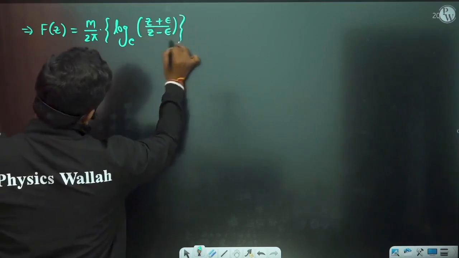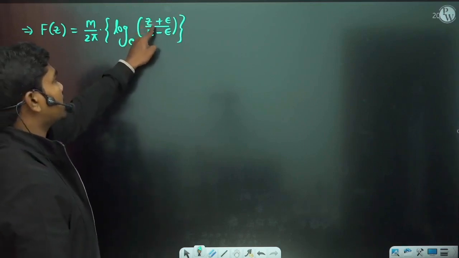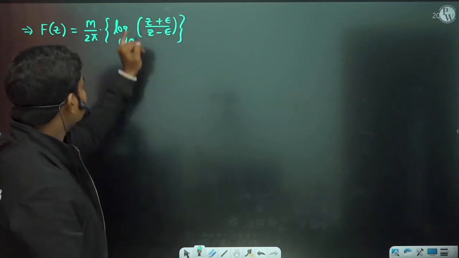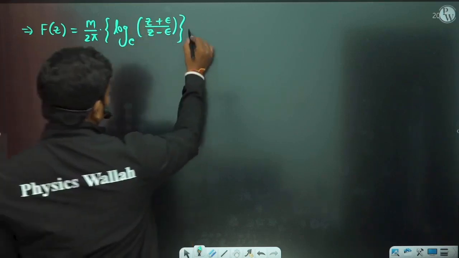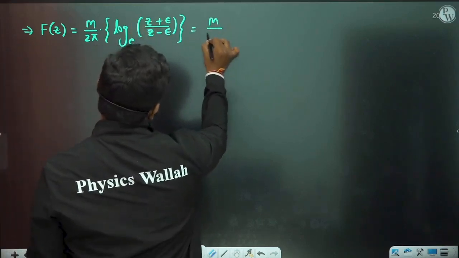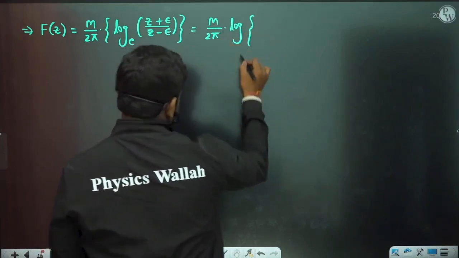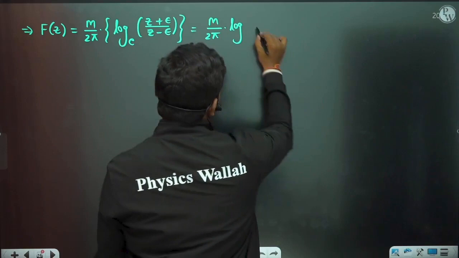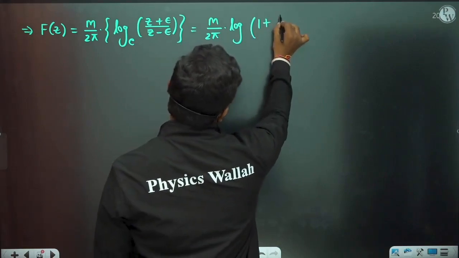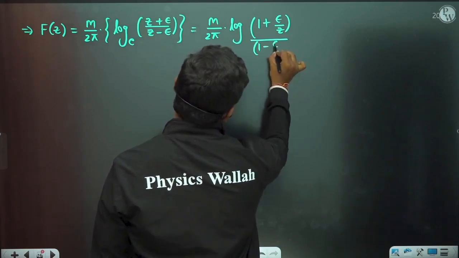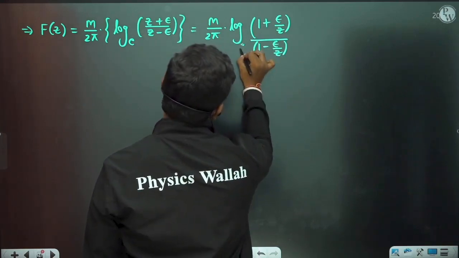If you take z common from these two terms and cancel it, this expression can be written as m by 2 pi log of 1 plus epsilon by z divided by 1 minus epsilon by z to the base e, correct?